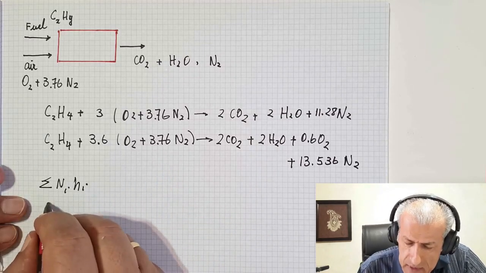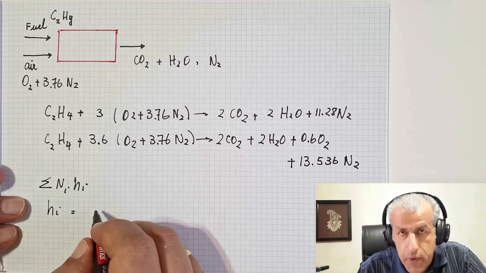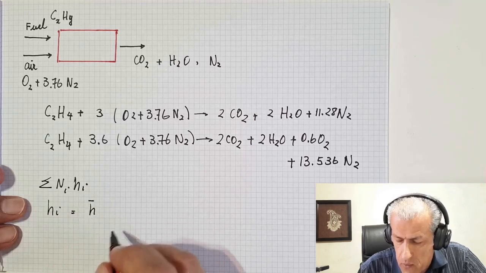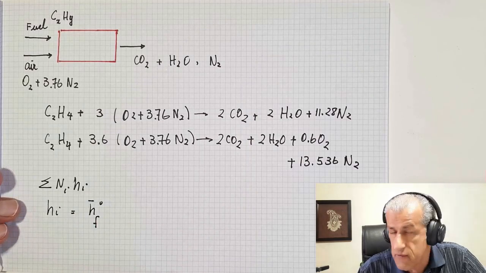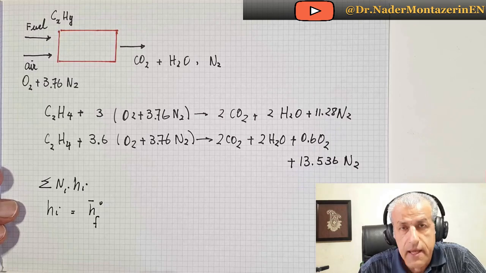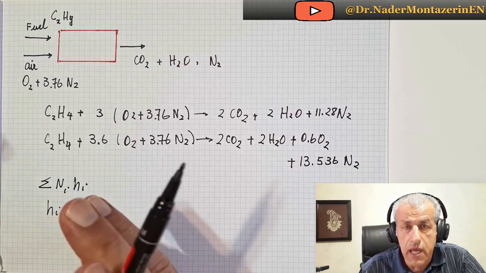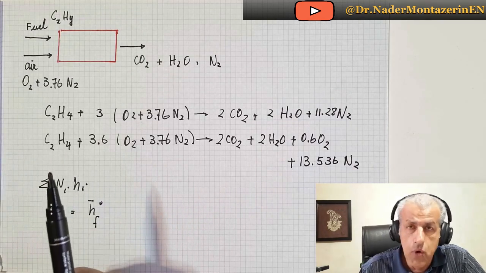The enthalpy Hi is composed of two parts. First, the enthalpy of formation, which is written in this way and is given in tables in different books, and that is the enthalpy of the bond. This is how much energy is used to join C2 and H4 or to break them.